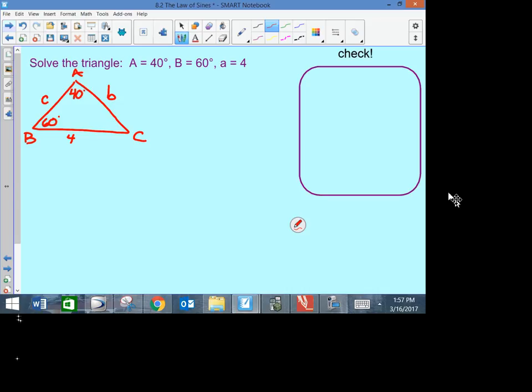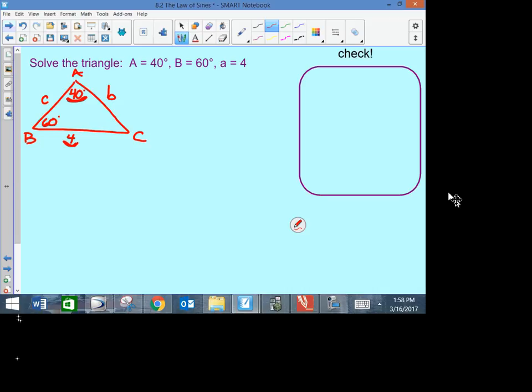Okay, here's the thing. In order to use the law of sines, what we have to know is this situation. We have to have at least one side and one angle matching, okay? We have to know an angle and know its side across. Otherwise, the law of sines is not going to be available.